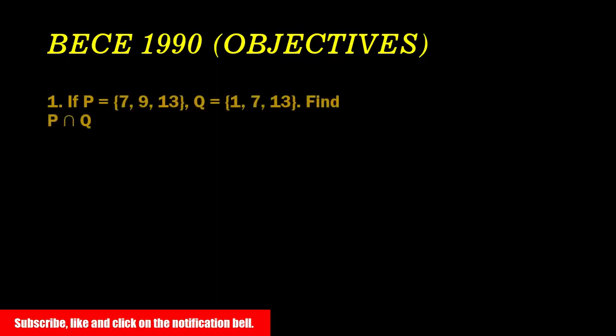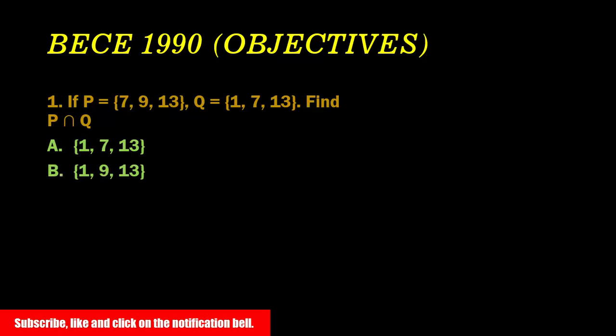Number 1. If P is equal to the set of elements 7, 9, and 13, and Q is equal to the set of elements 1, 7, and 13, find P intersection Q. Option A, the set of elements 1, 7, and 13.